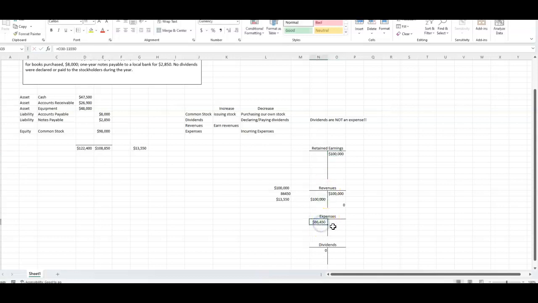And we close expenses the same way. And so we end up with a zero balance in expenses. And this entry we make here goes over on the opposite side on retained earnings.